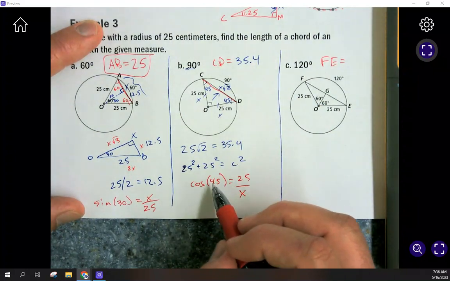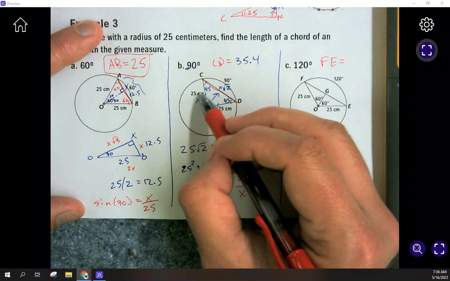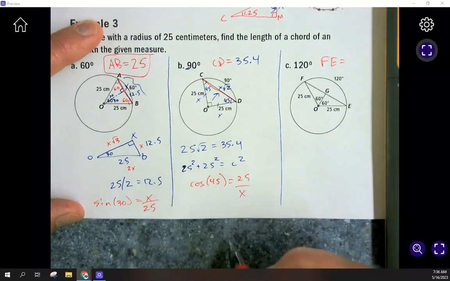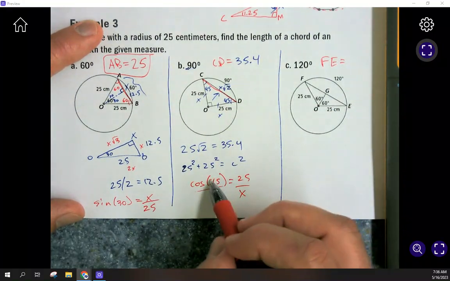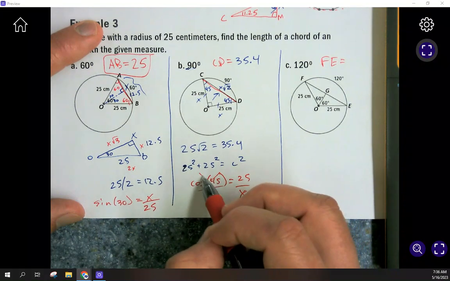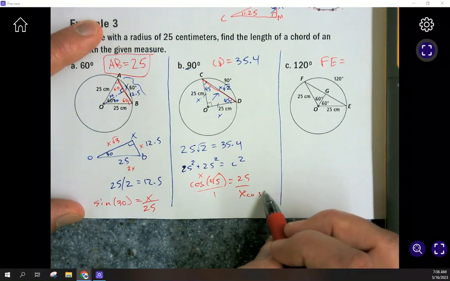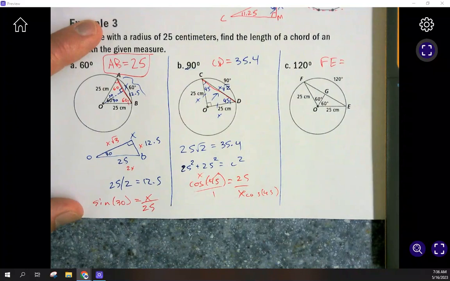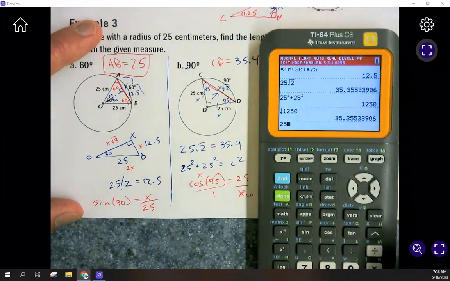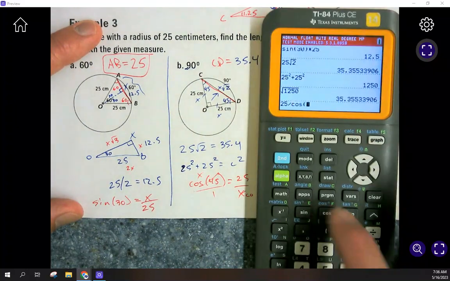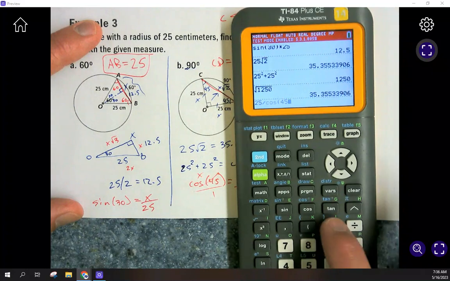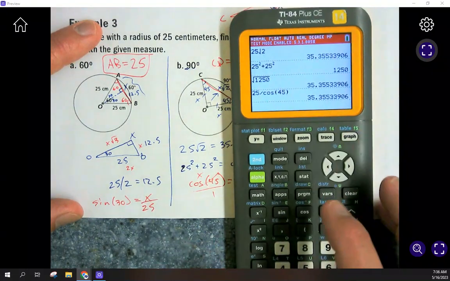Or you could have done sine of 45, opposite over hypotenuse, which would also be 25 over x. In this case, we would go ahead and flip these. We'd put x up here, cos of 45 down here. We're solid with this work now. So 25 divided by cos of 45 also gives me the same answer.